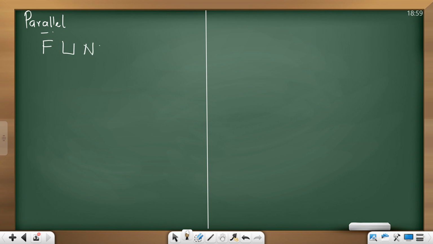And what are we saying? These two lines are parallel. What are we saying? Alternate angles. Corresponding angles. What's next? And what do we know about co-interior? Co-interior angles are supplementary.